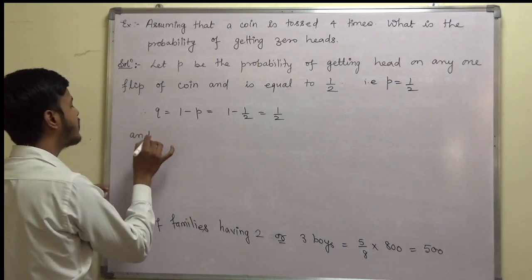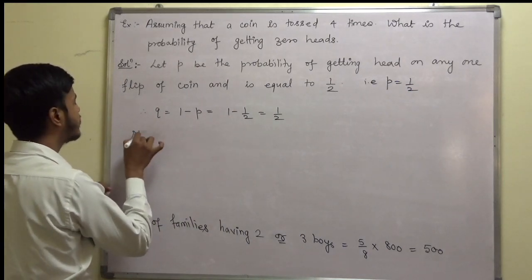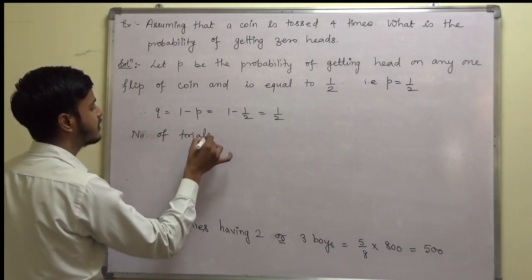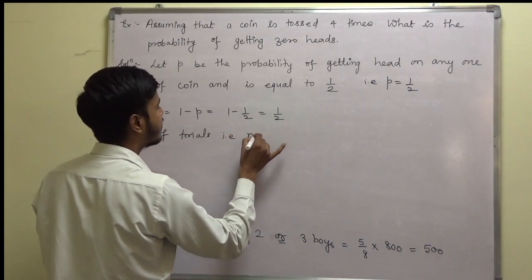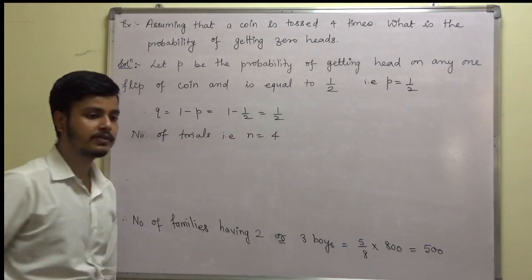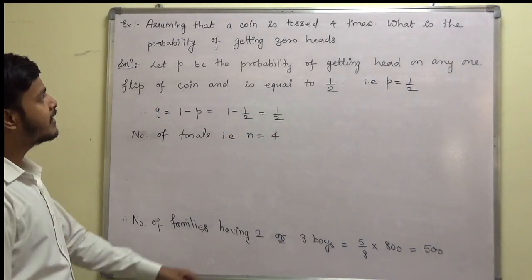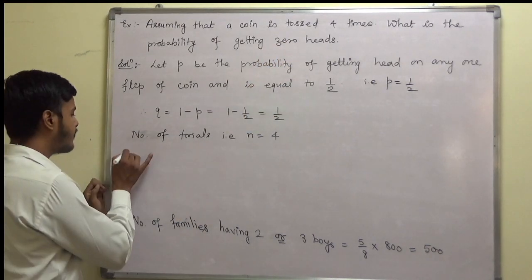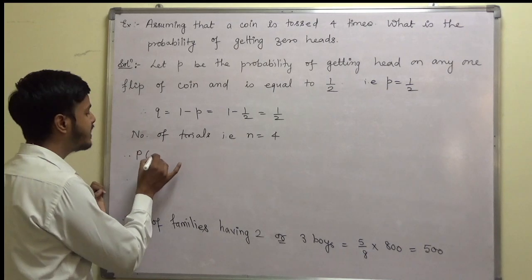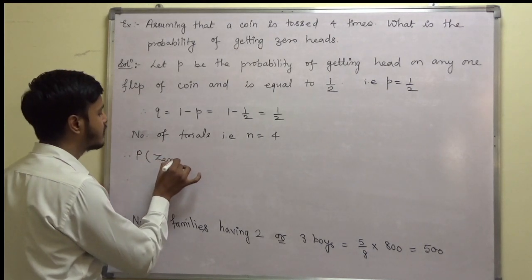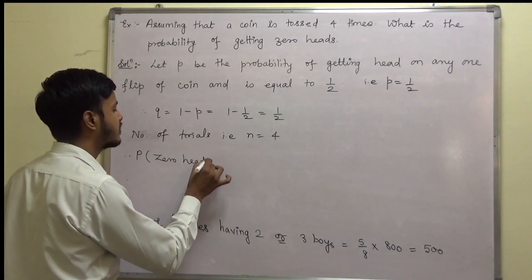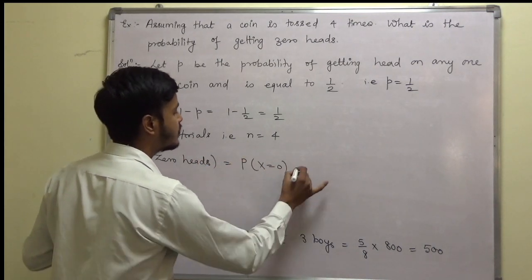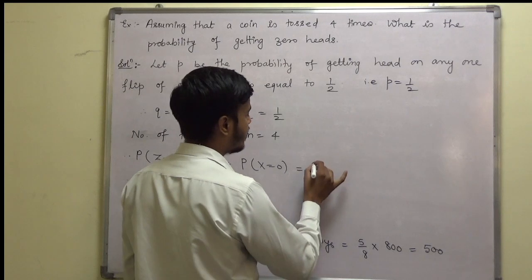And how many trials are there? Number of trials, that is n is equal to 4. And we have to find out the probability of 0 heads. That's a very simple problem. Therefore, probability of 0 heads is equal to probability of x is equal to 0.